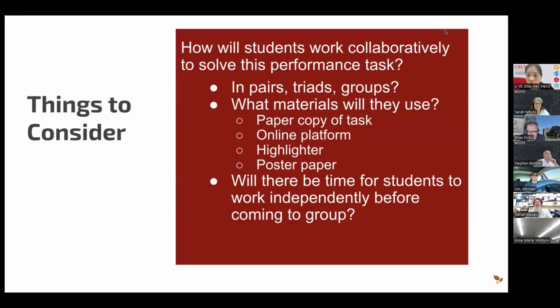So other things to think about to help with addressing those barriers: in classroom learning, maybe have them work together in pairs, groups. Perhaps you have some materials for them. Think about whether you want them to have paper, drawing, or a highlighter. That's my favorite thing in general for any kind of learning.